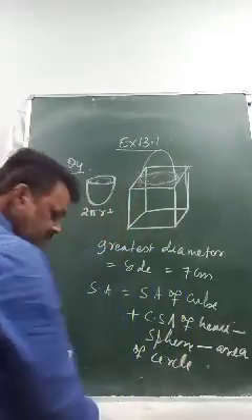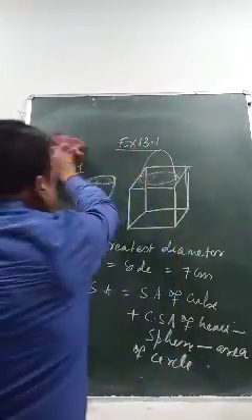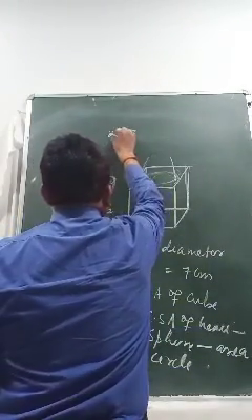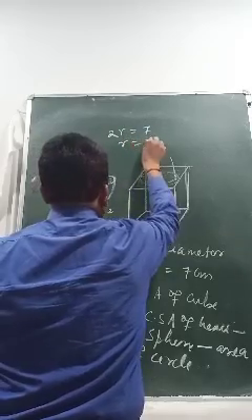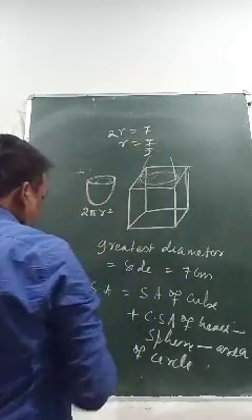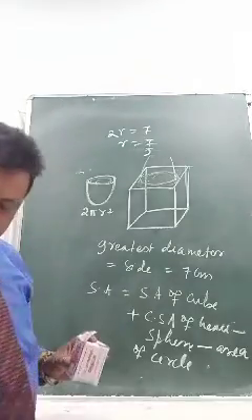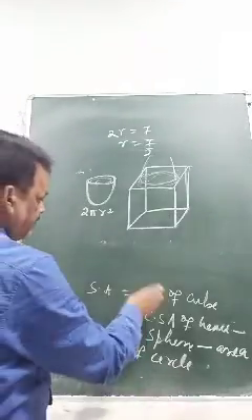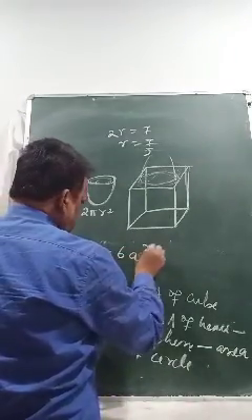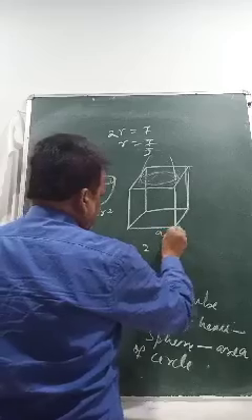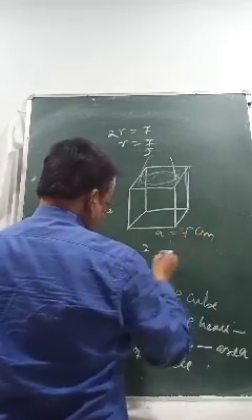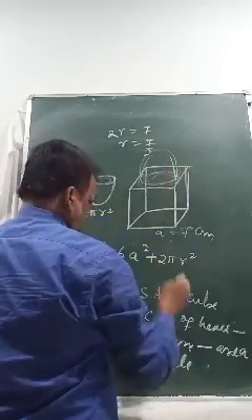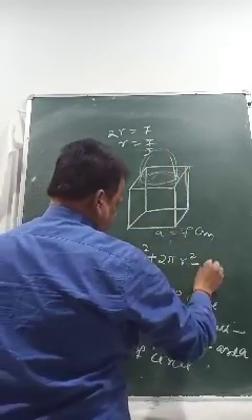So what is the conclusion? 2R is 7, so R is equal to 7 by 2. You will get the surface area of cube, that is 6a square, where a is equal to 7, plus 2 pi r square curved surface area minus the circle, pi r square.